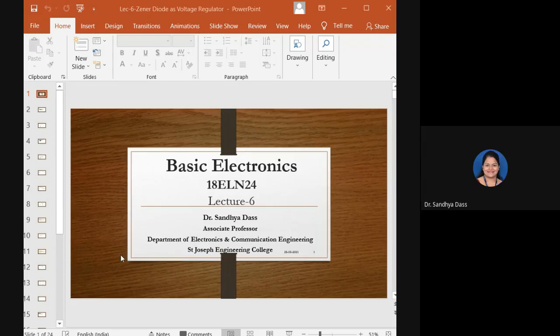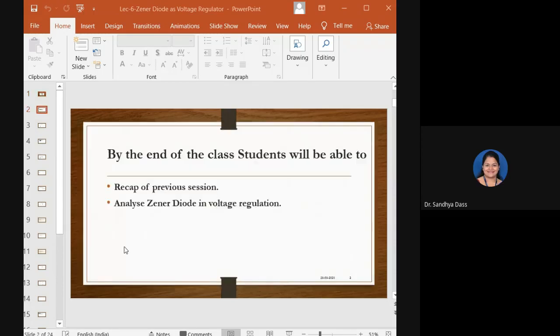So moving on to lecture number 6. By the end of this session, you will be able to analyze Zener diode in voltage regulation. In the previous class, we saw what a voltage regulator is: an electronic circuit that provides a stable or constant DC output voltage, independent of load current, temperature, or line voltage variations.